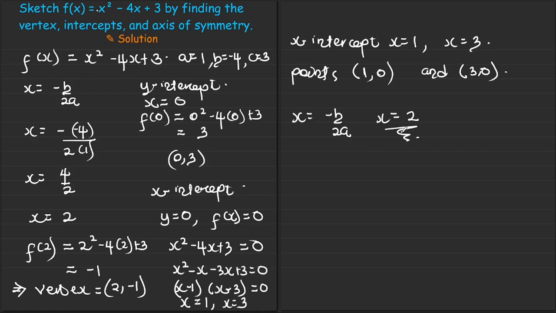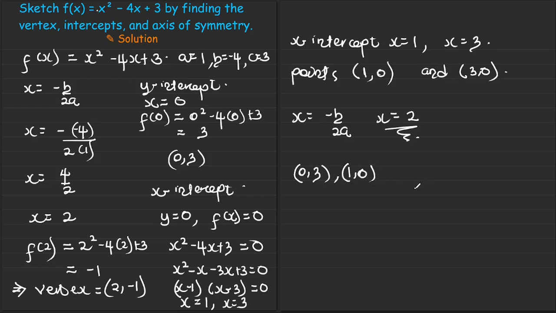Yes, we do. We do have all we need to draw our sketch. Because first of all, we have the 0, 3, that is the y-intercept, and we also have 1, 0.